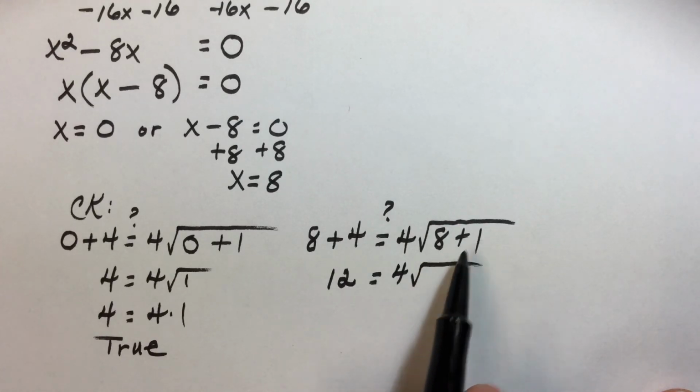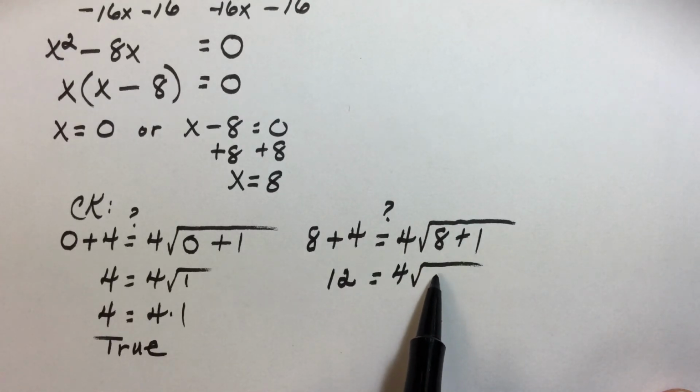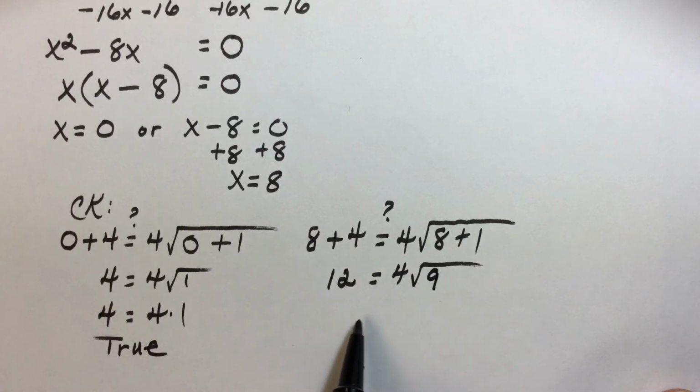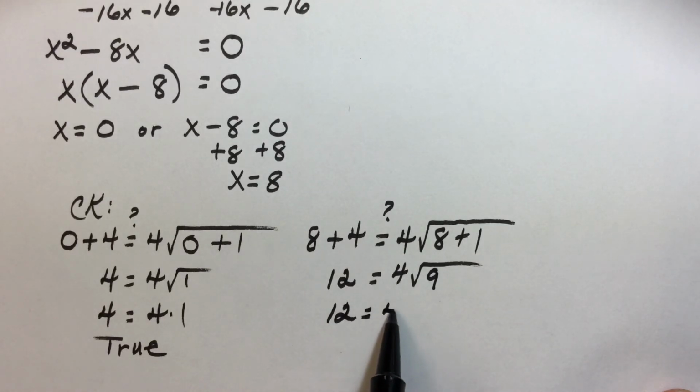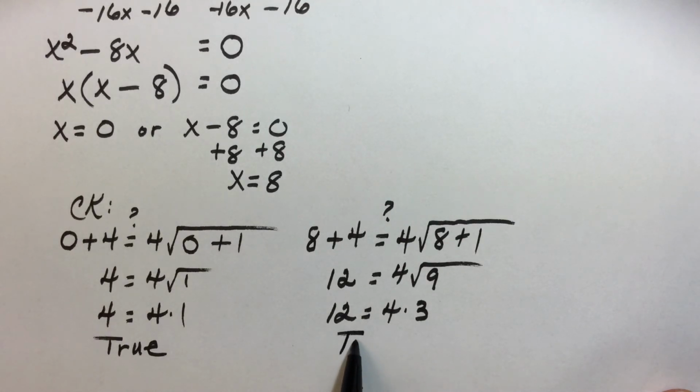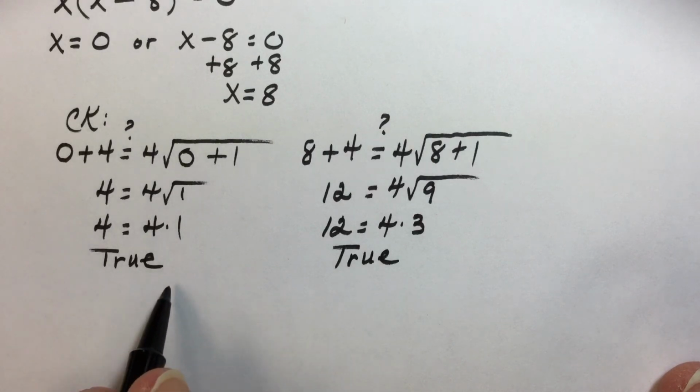On the right, combining underneath the radical, we will have a 9. Square root of 9 is 3, and 4 times 3 is 12. So we also have a true statement telling us that both of these values are solutions.